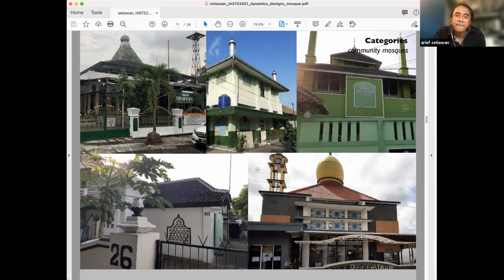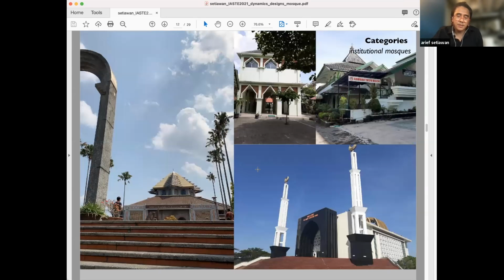But then, since the early 1990s, there has been the emergence of what I categorize as institutional mosques, mosques that are built in schools, offices, and companies. In the past, usually those institutions only had a small praying room, but since the 1990s, every institution has built a large building like this, located at the most prominent location on the campus, at a large scale.